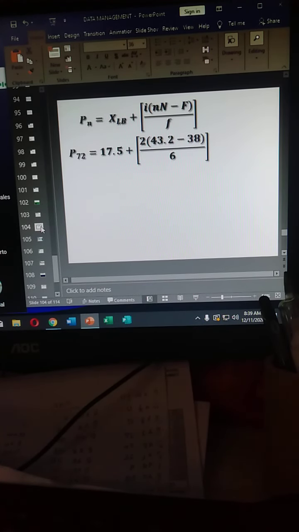That is 1.73, repeating number, plus 17.5. The answer would be 19.23. Tama ba? Wait lang. Parang mali.